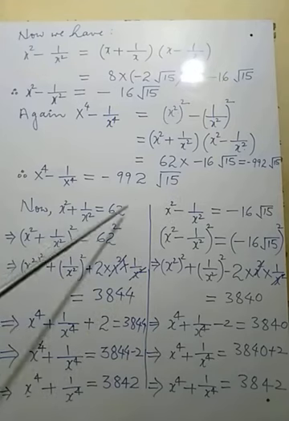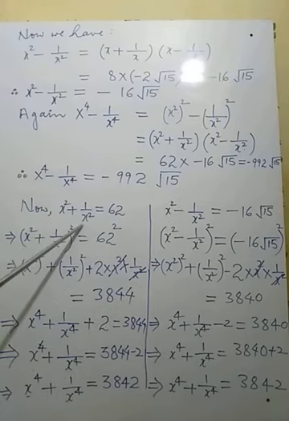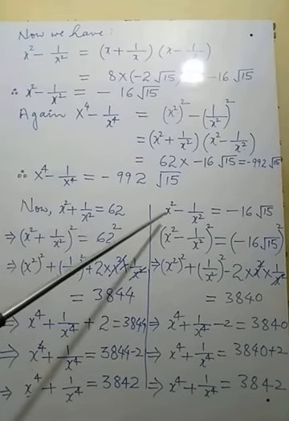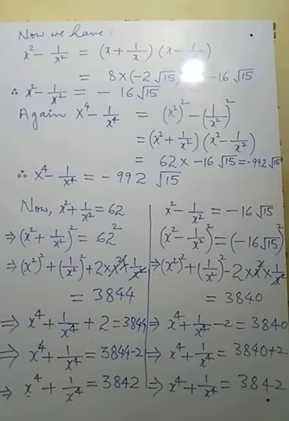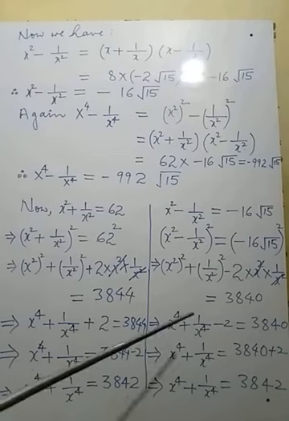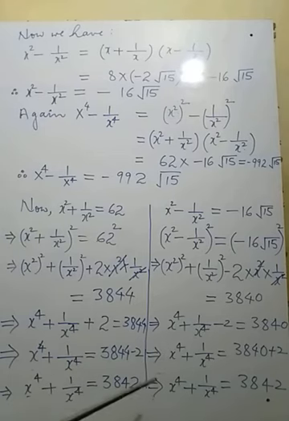Some students may solve by taking x square plus 1 upon x square, and some may take x square minus 1 upon x square, to calculate the value of x to the power 4 plus 1 upon x to the power 4. Both the processes are there, so you will adopt only one method. Similarly, we can simplify other things also.